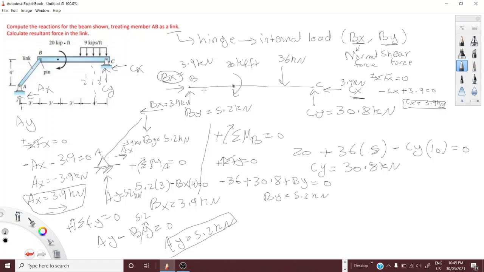The other part we can see is part BC, since it is hinged, and this is part AB.